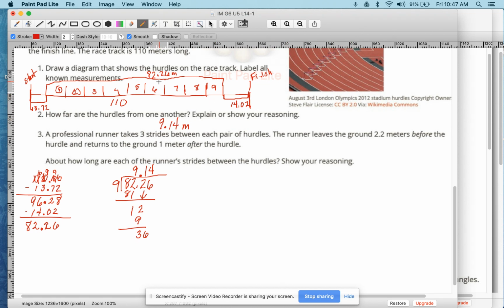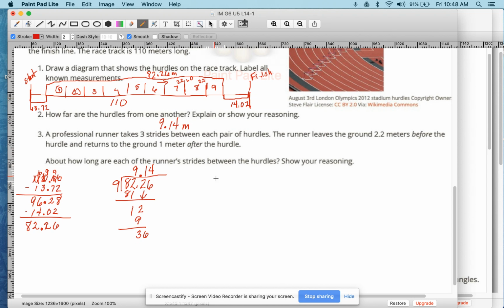So if the runner's running in this direction, before this hurdle, 2.2 meters, that runner is leaping off the ground. Okay? Then the runner returns to the ground 1 meter after. And then again, the runner would leave 2.2 meters, okay?